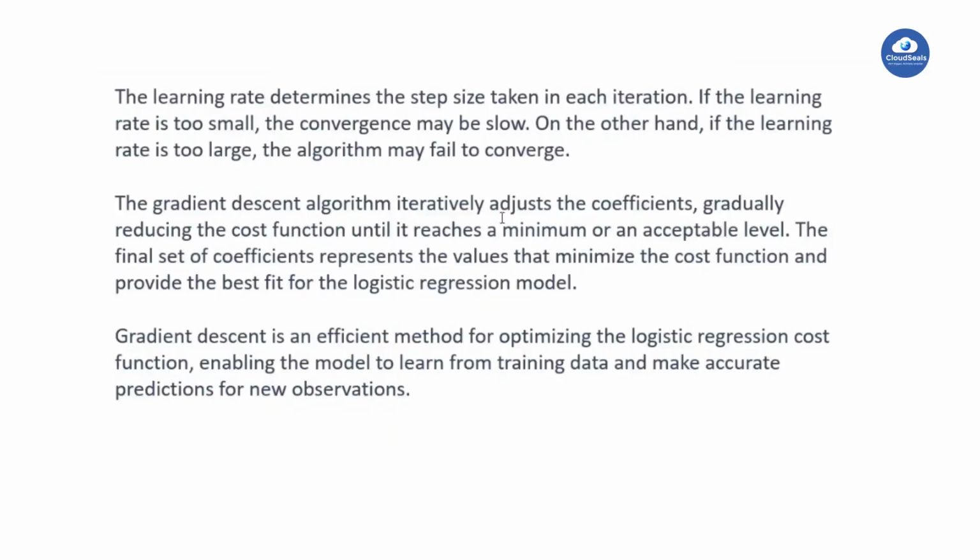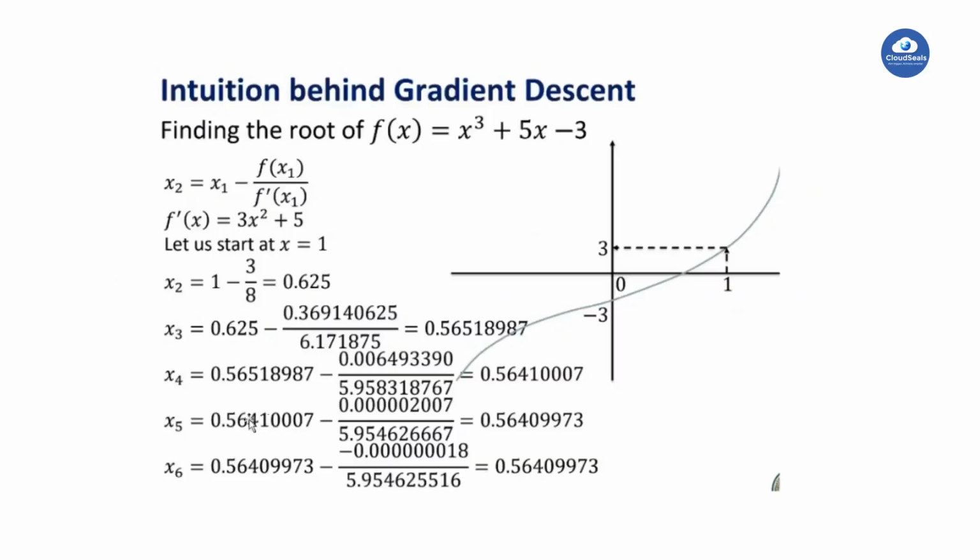The final set of coefficients represents the values that minimize the cost function. Which value gives the minimum, this value, is the final coefficient value to minimize the cost function.